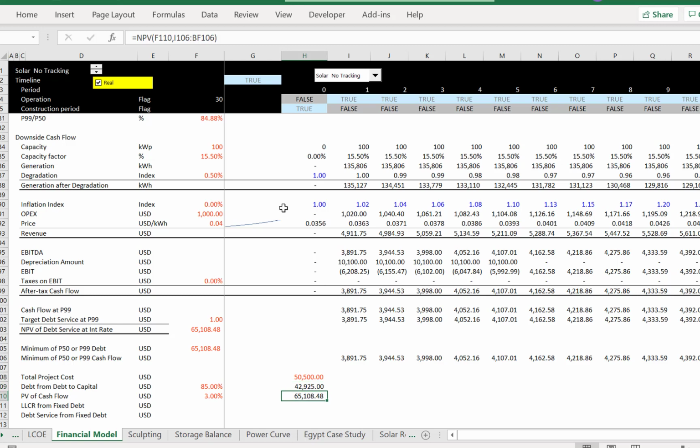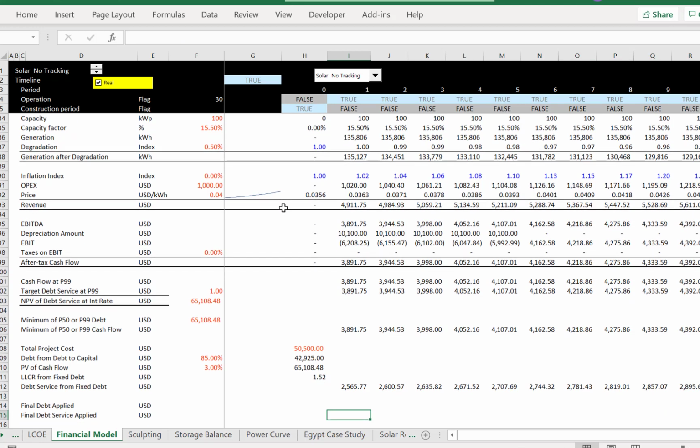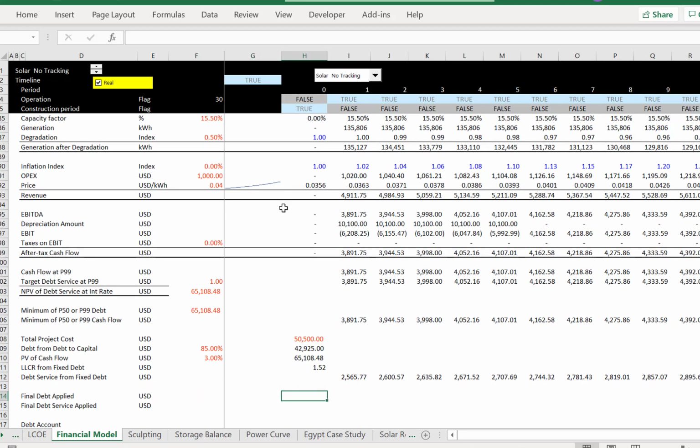And then if we take the NPV of the cash flow, not the debt service, and divide it, you get an implied DSCR, or I call that LLCR because it's constant over time. It's the NPV of the cash flow divided by the NPV of the debt. You can use that then to get a debt service from your fixed amount. And what we'll do is we'll take the minimum of our cash flow and use that to get our debt service.